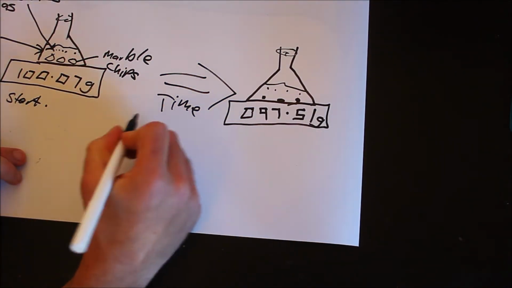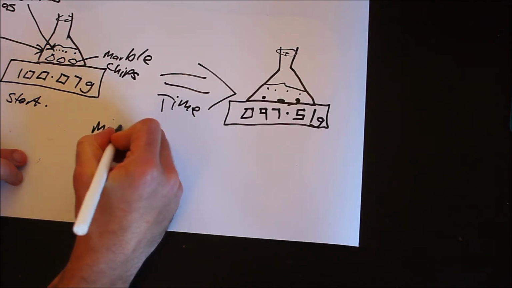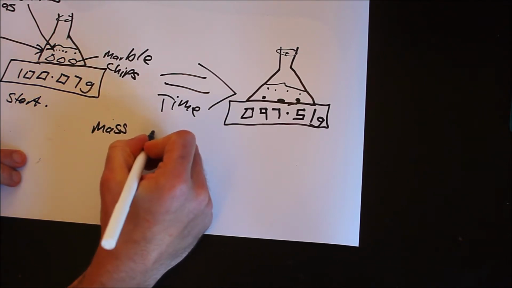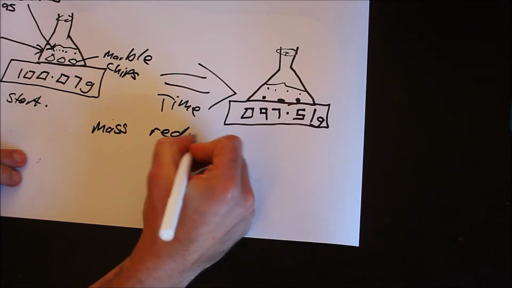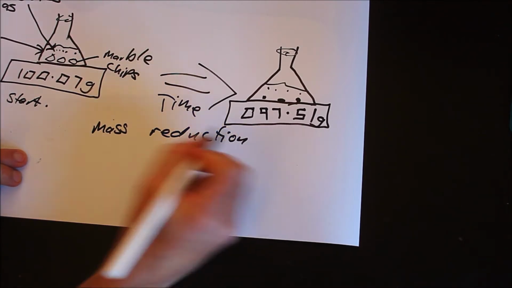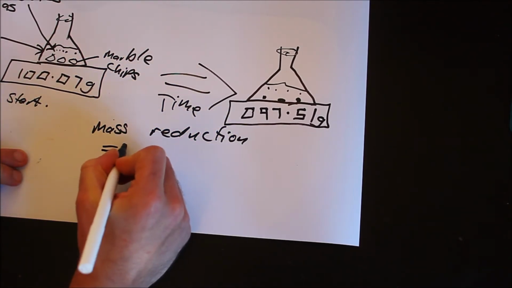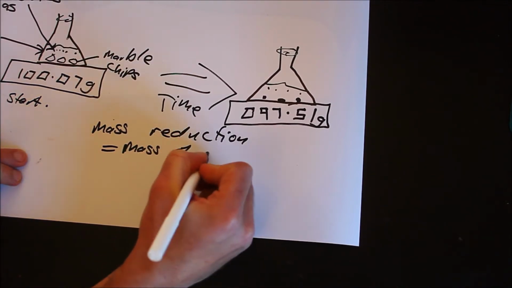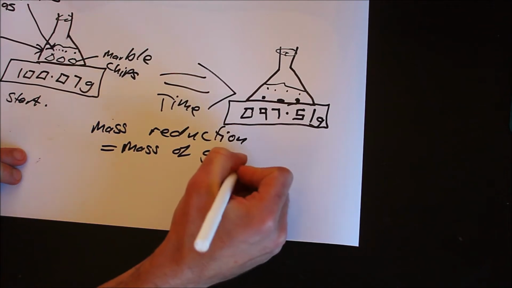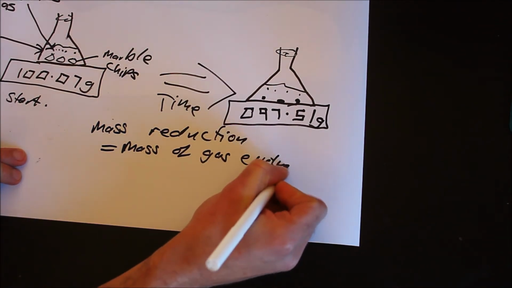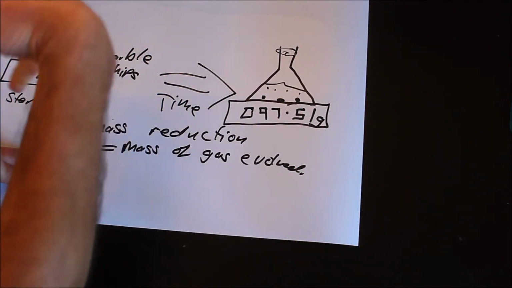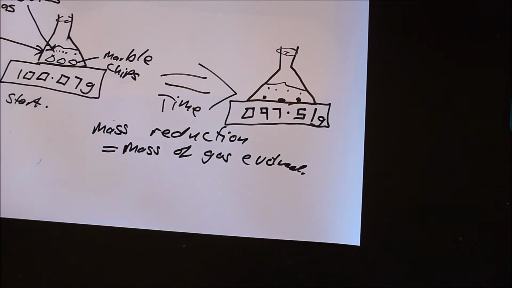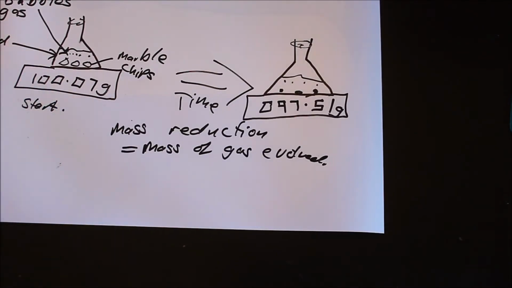Okay, so mass gone down, or reduction. It's equal to the amount or the mass of gas evolved. So obviously that gas is going to escape into the rest of the room, into the atmosphere, so it's no longer going to be sitting on the balance, it's no longer going to get measured. So that's experiment number 1.